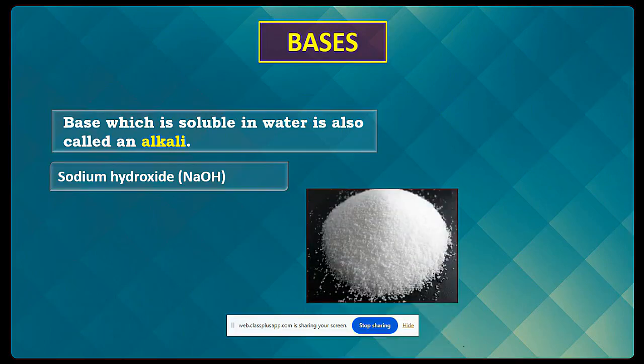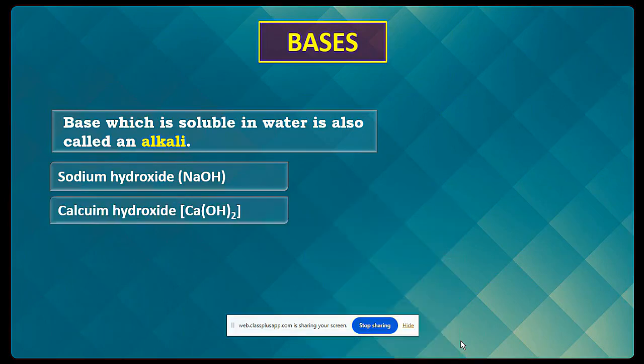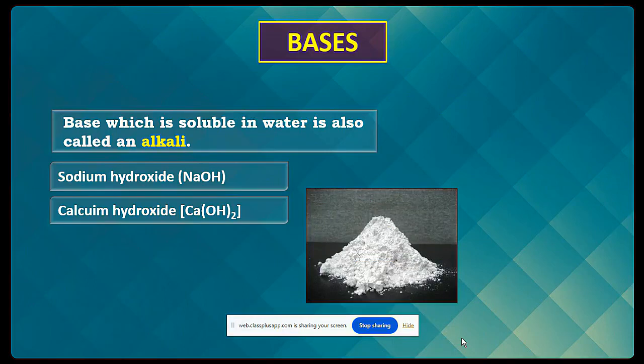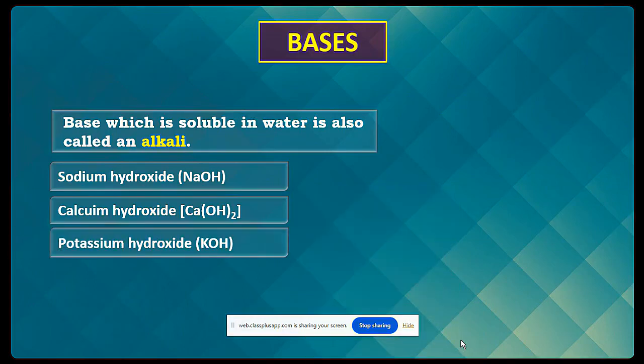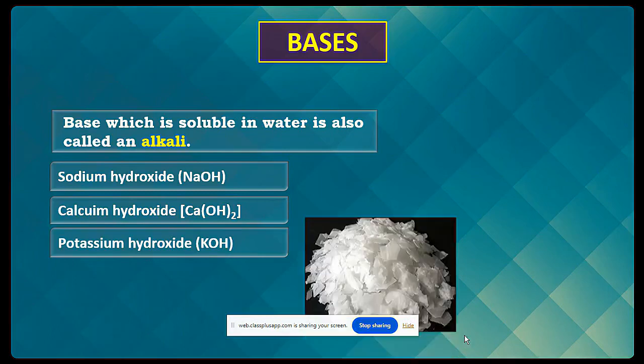Now just identify the color of the bases here. What is the color of NaOH? White. Then calcium hydroxide, Ca(OH)2, white in color. Almost all the bases are white in color. Potassium hydroxide, KOH, white.